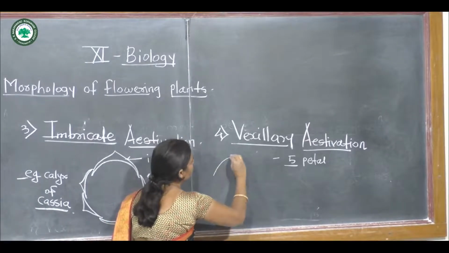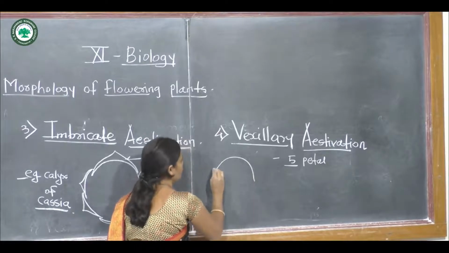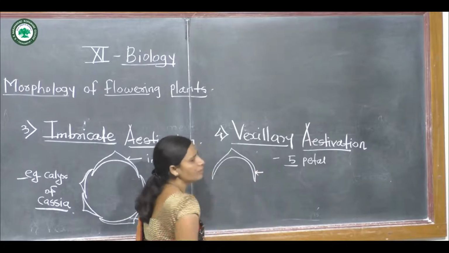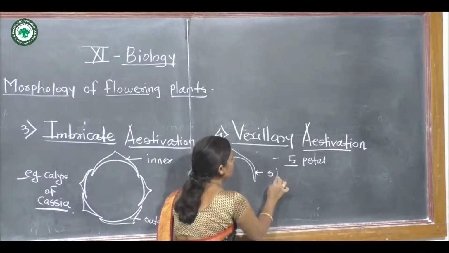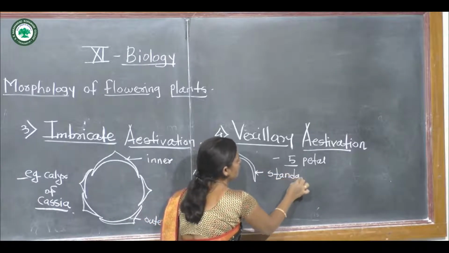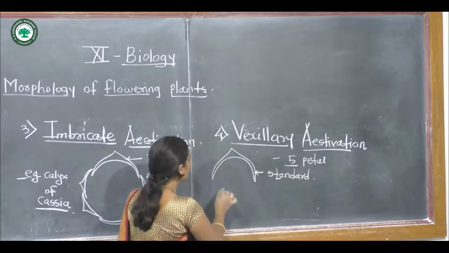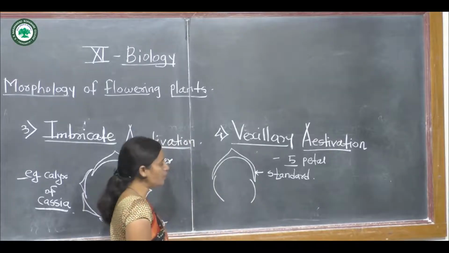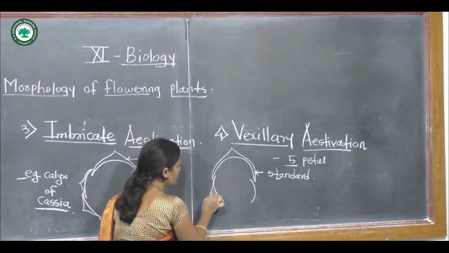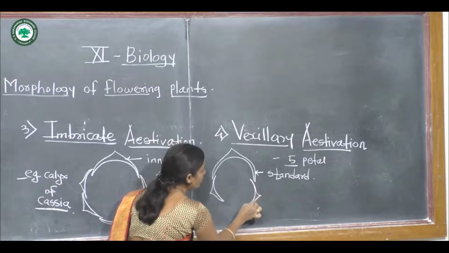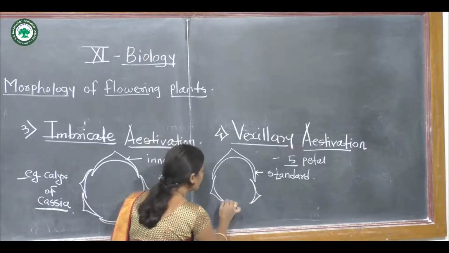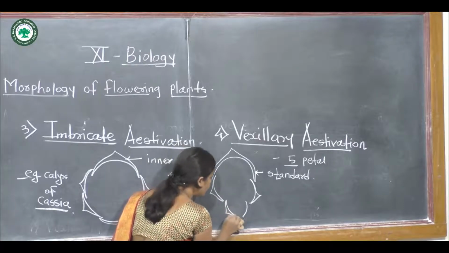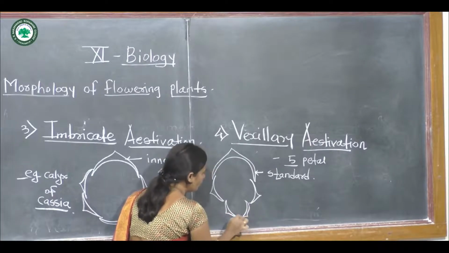One petal is the largest, and this largest petal is called the standard. The two lateral petals are innermost. The other two are the smallest, and they are joined with each other.